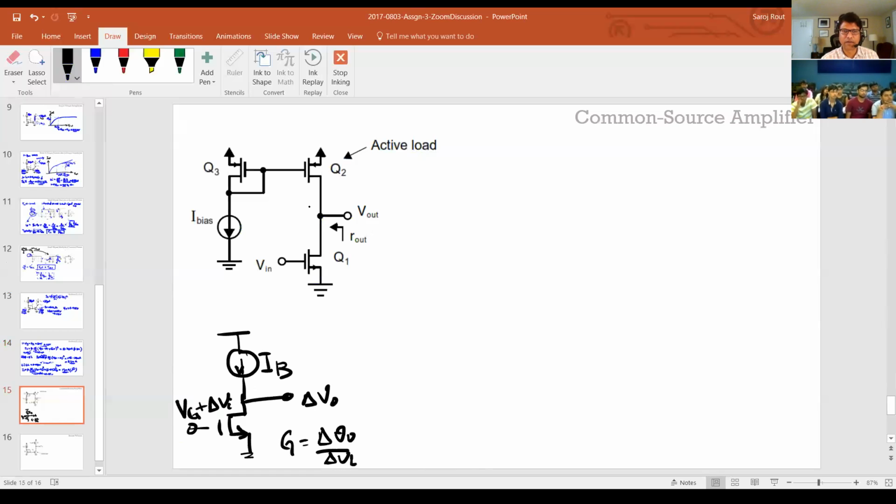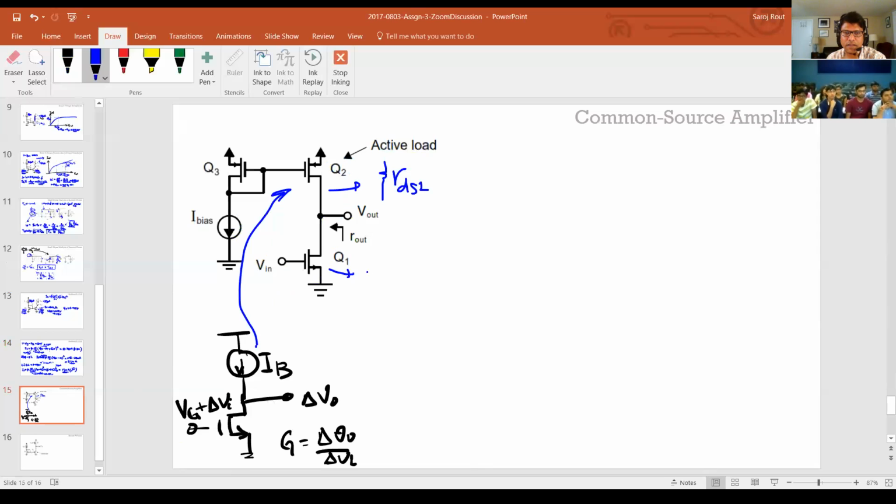So now we want to find out the small signal equivalent of this to find the small signal gain. So this current is replaced with this current source. And like as we said before, the output part of the current source, if you look at the small signal, is nothing but just a resistor, which is RDS2 in this case. Let's say that's for Q2.